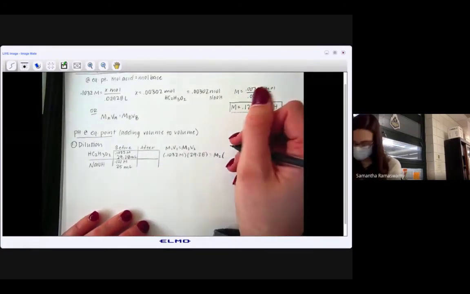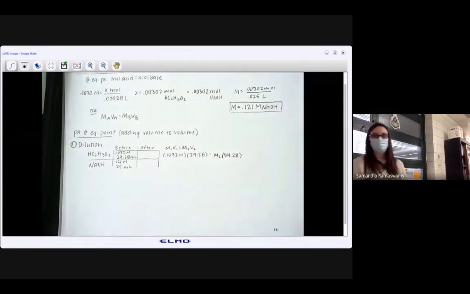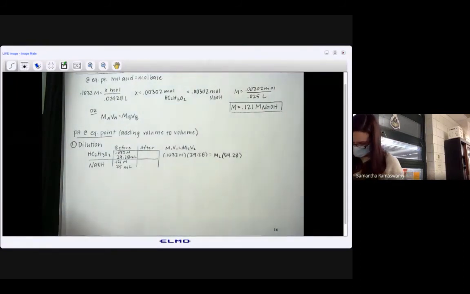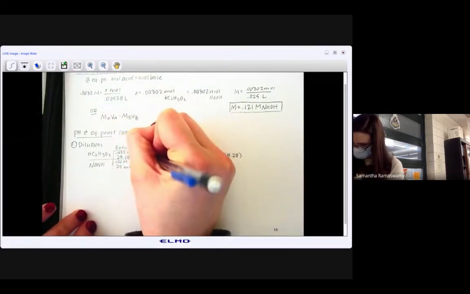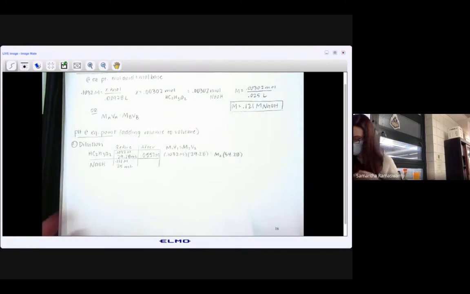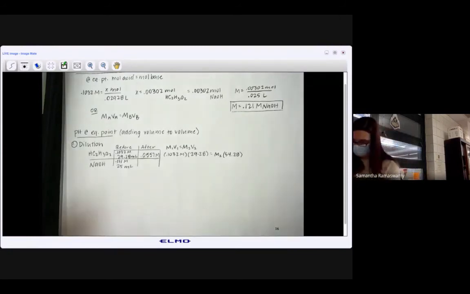So that becomes 54.28 milliliters. So 0.1032 times 29.28 divided by 54.28, 0.0557 molar. So when we mix these two solutions together, right before they react, acetic acid's molarity drops to 0.0557.